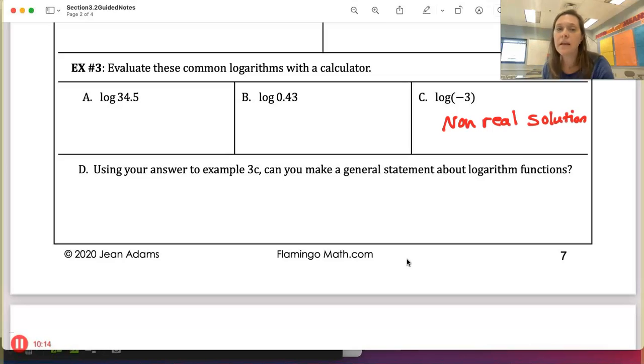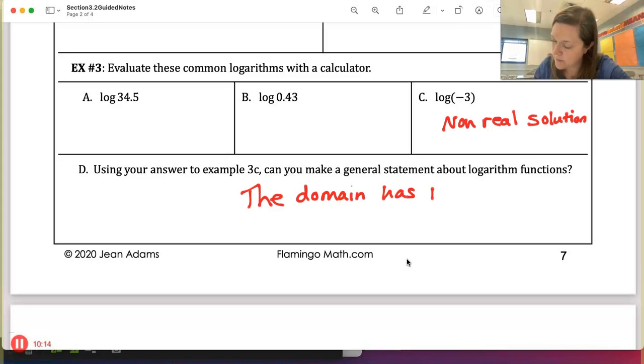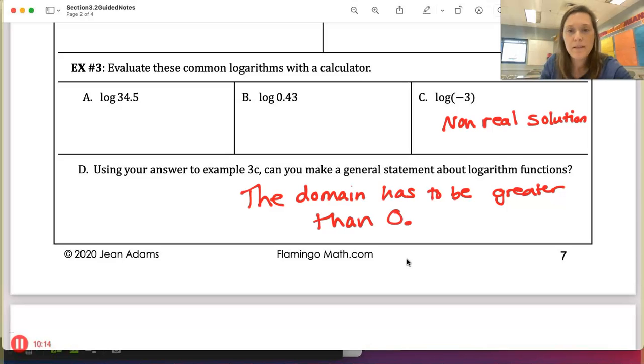So that makes me think, what can we generalize about logarithm functions? The domain has to be greater than 0. Can it be 0?